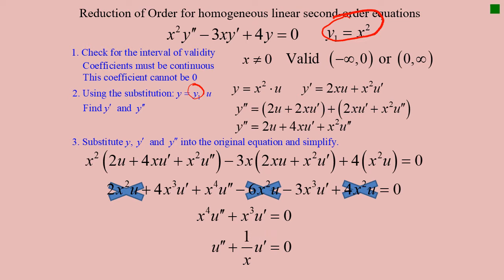Notice we come up with a second order equation much like the ones we have done in an earlier chapter, which we should now be able to solve by previous techniques.